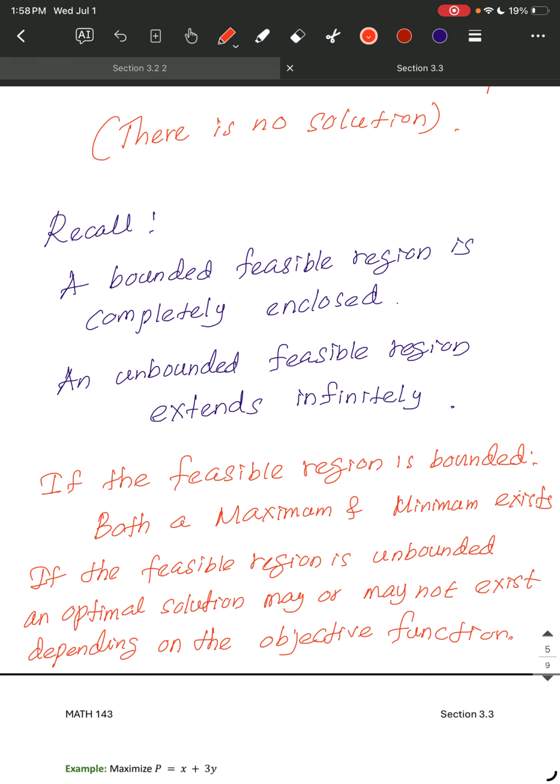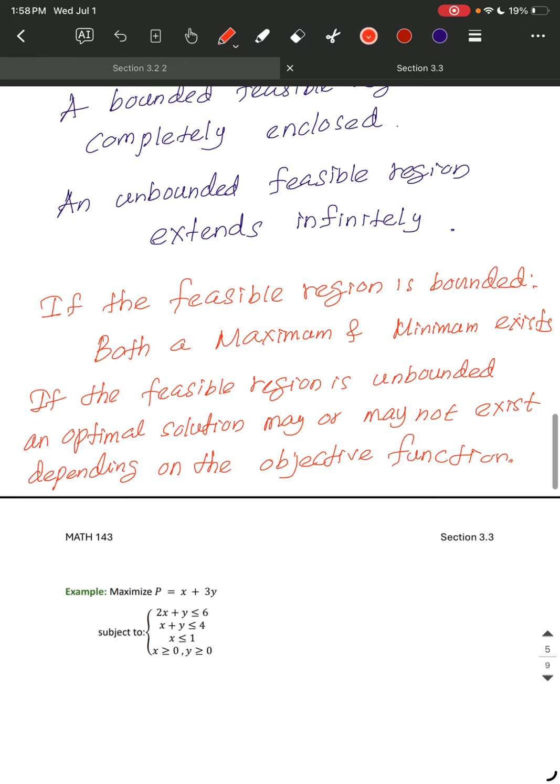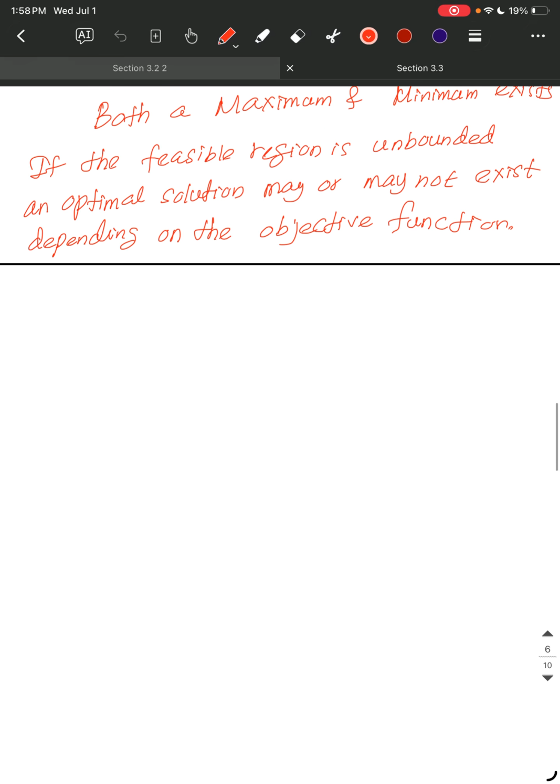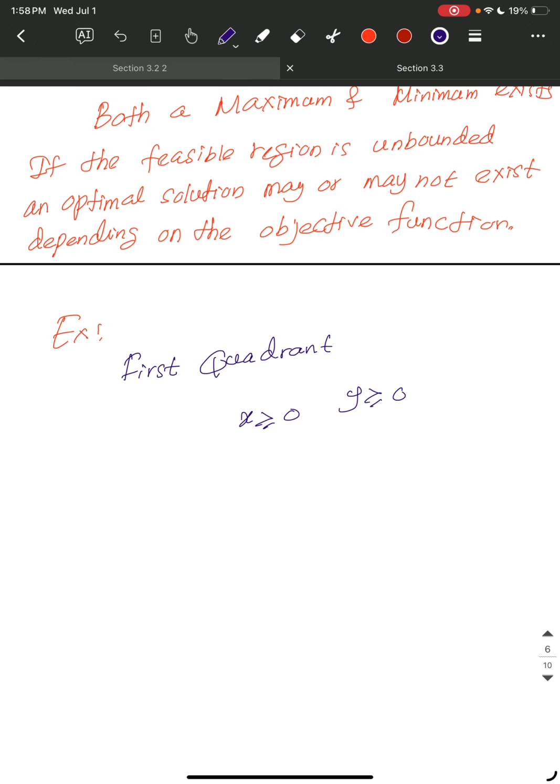Okay, so let's see a quick example. First, the first quadrant, x greater than 0, y greater than 0. Is this bounded? No, right?